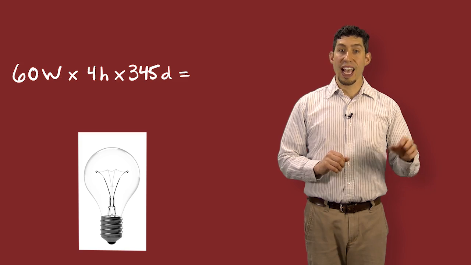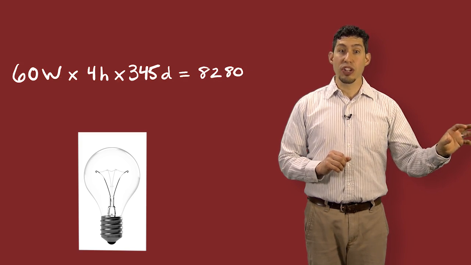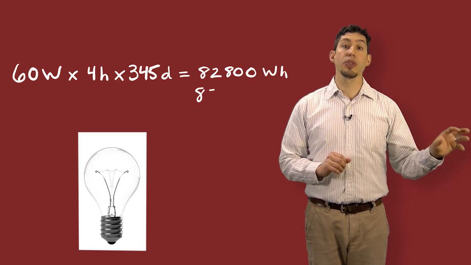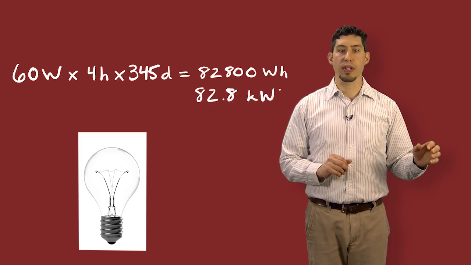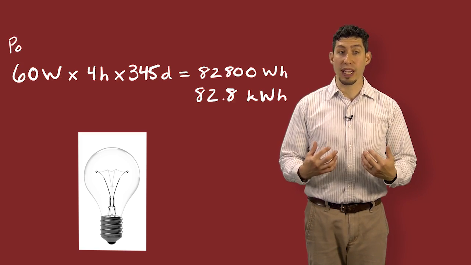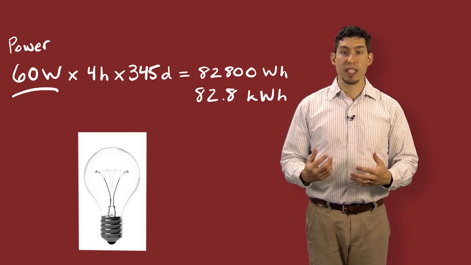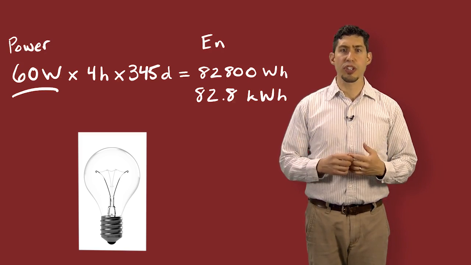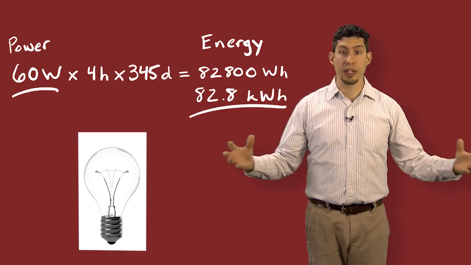That equals 82,800 watt hours, or 82.8 kilowatt hours. So even though the light bulb has a lower power rating of only 60 watts, it consumes much more energy over the course of the entire year.